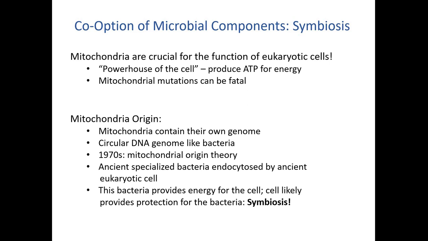Over evolutionary time, mitochondria have actually been completely co-opted, and they now exist in basically all eukaryotic cells and help to power them. So this is a really crazy and important idea, this symbiosis between a eukaryotic and a prokaryotic cell, in which a bacteria was actually taken up and then co-opted to serve purposes basically for both of them.